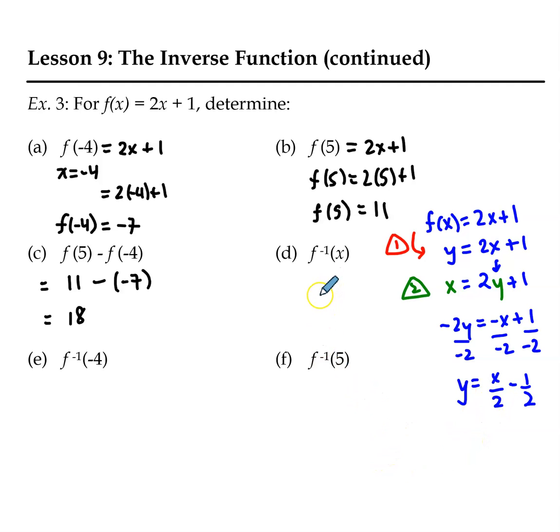So when we substitute in for our x, we have the answer.